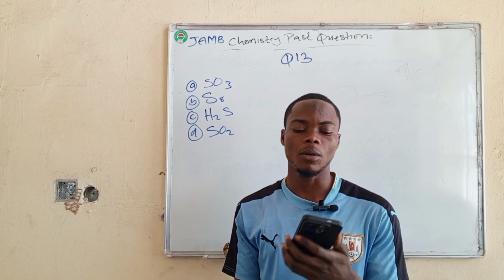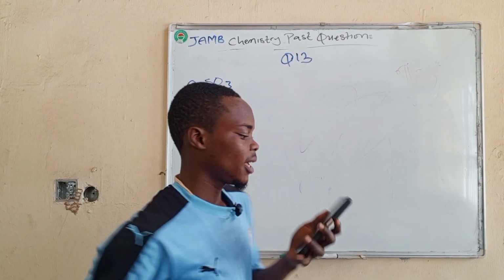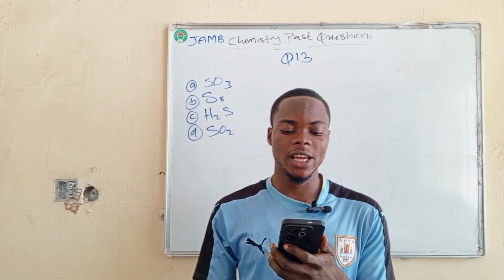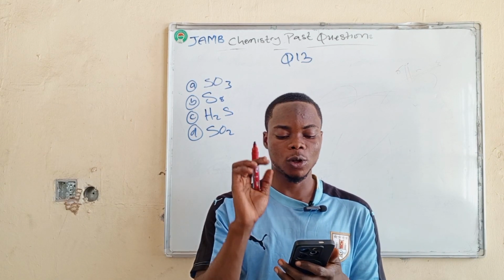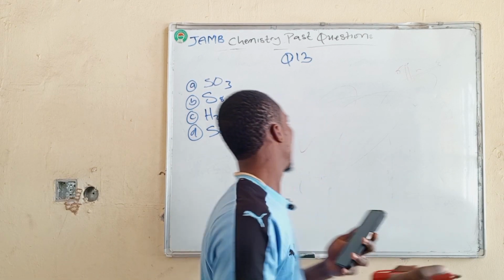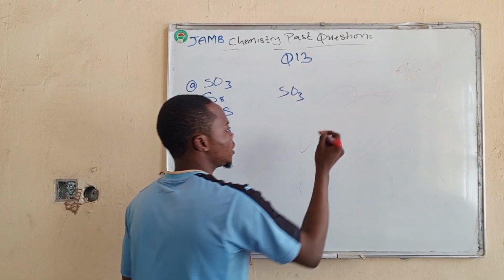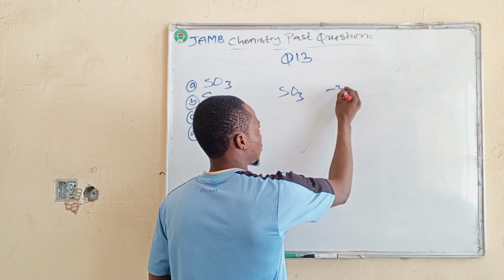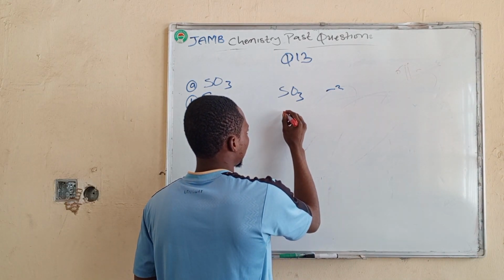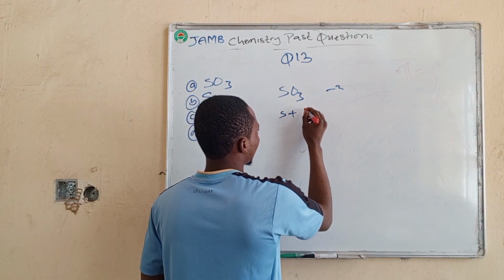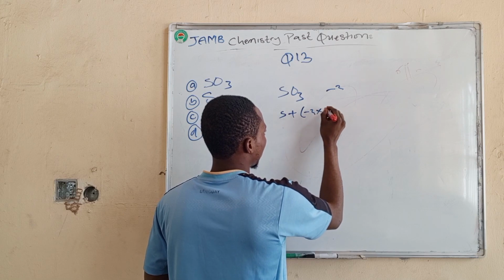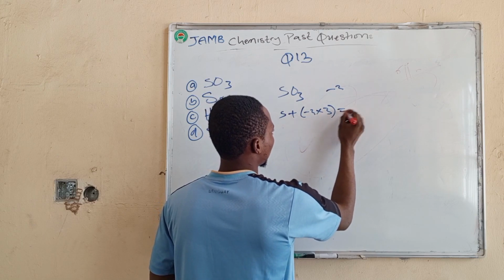Now, question number 13. In which of the following is the oxidation number of sulfur equal to -2? Take a look at this first one, SO3. You know oxygen has an oxidation number of what? -2. Therefore, let X be the oxidation number of sulfur. X plus -2 times 3 is equal to 0.